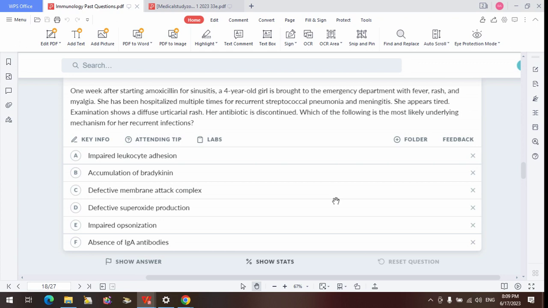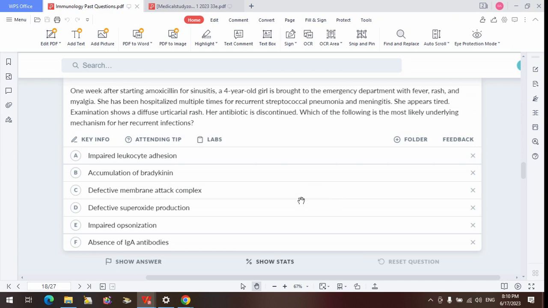So we are thinking of infections with encapsulated organisms. Then it should be a defective membrane attack complex.